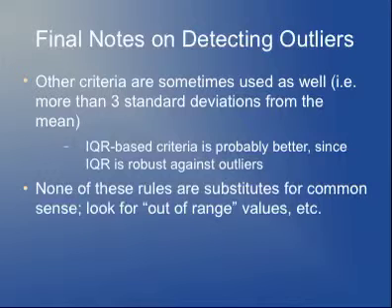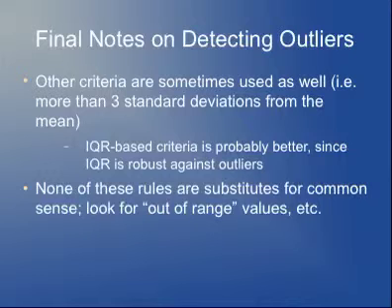I mean, if the variable is the weight of a mouse in your lab in kilograms and one of them is negative, it may be that all the numbers are so close to zero that when you calculate according to these criteria, it looks like this negative value is within 1.5 IQRs of the first quartile. That's obviously still an invalid data point. So don't let these rules substitute for common sense.